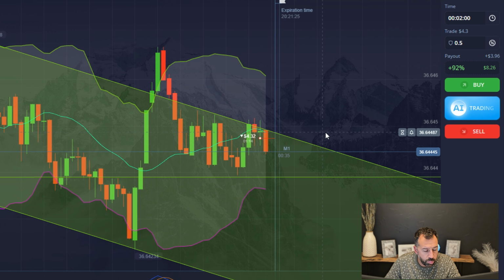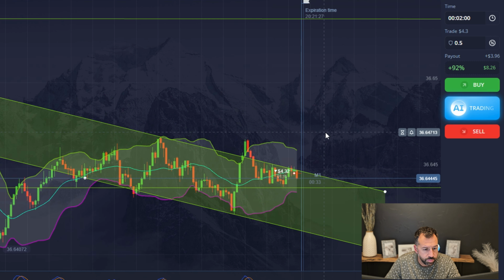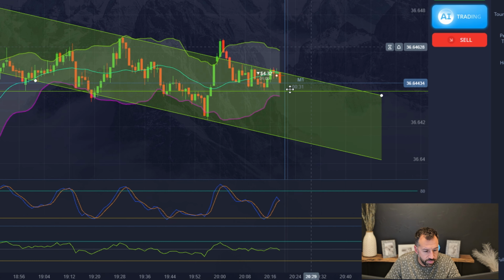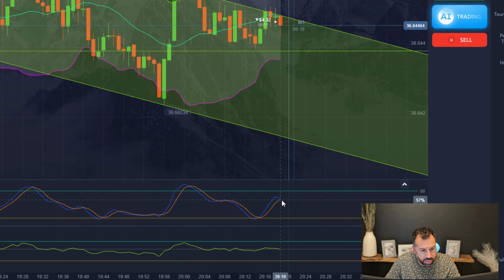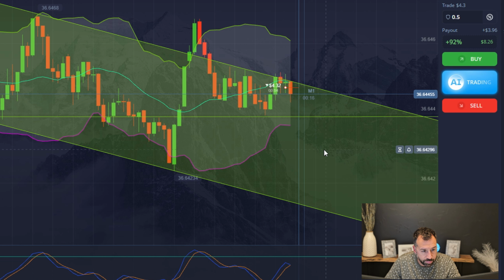So it's looking good. We're pushing down. Okay, if we look down here, our RSI is pointing downwards, which is good. Our blue line shows we're about to cross over the red. Once this crosses over the red, this is a really good indicator that we are moving down. And sometimes you can jump in a little bit too soon.